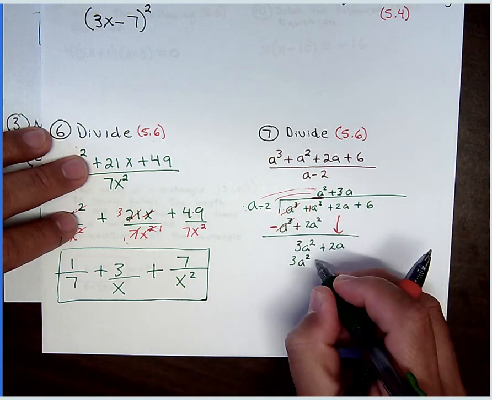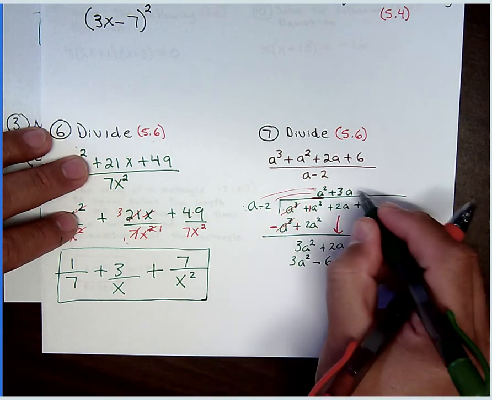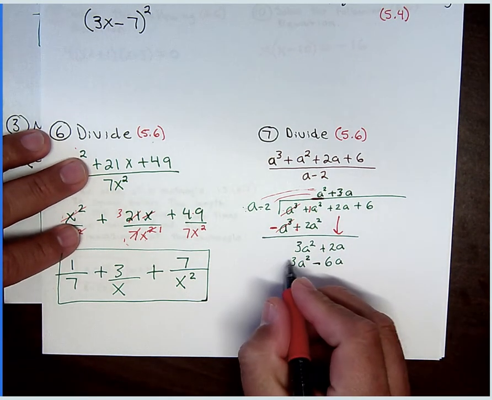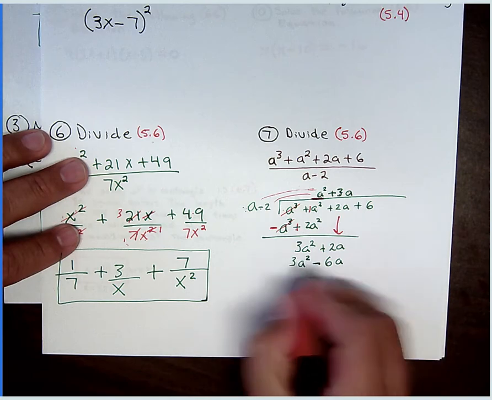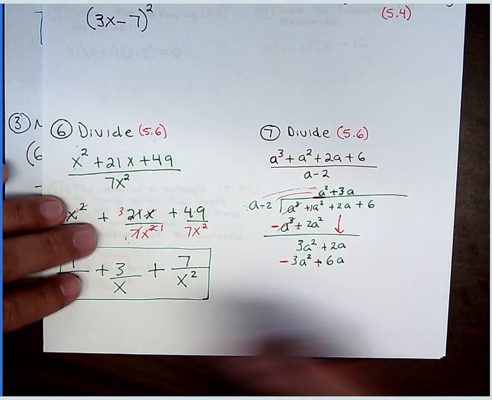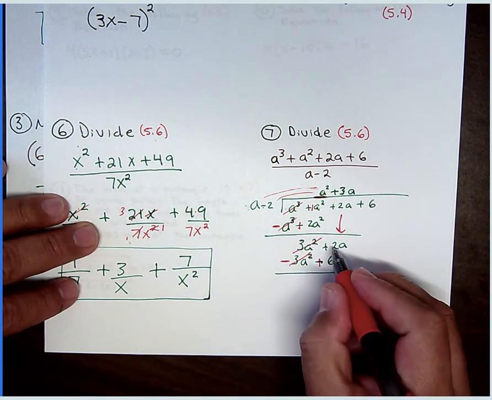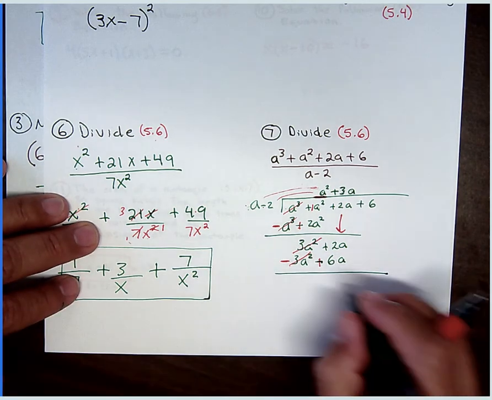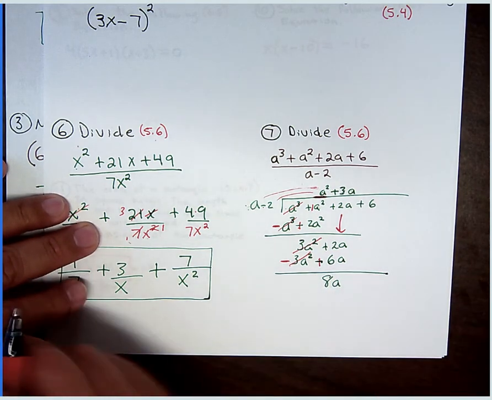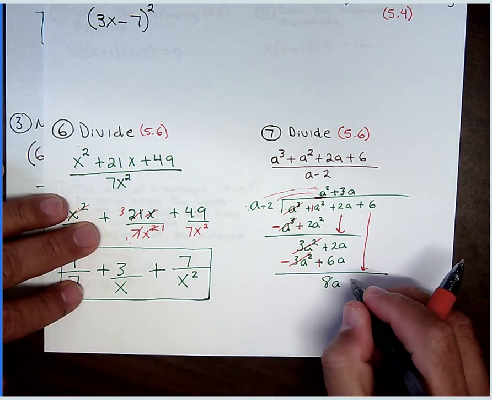Then minus 2 times 3 is 6, and then the a. We're doing subtraction, so this becomes a minus, that becomes a positive again. That cancels out, so 2 plus 6 gives you 8a, and then you bring down the 6, so plus 6.